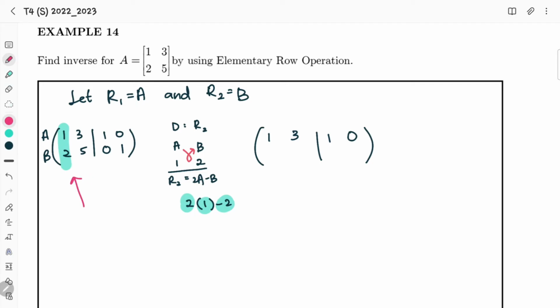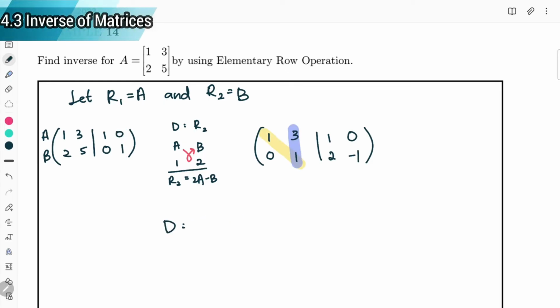So 2A minus B, we'll get 0. Now focus on the second column. So 2A, which is 3, minus B, which is 5. You get 1. Then the third column, 2A minus B, which is 0. So we have 2. Lastly, we have 2 times 0 minus 1. So we get negative 1.